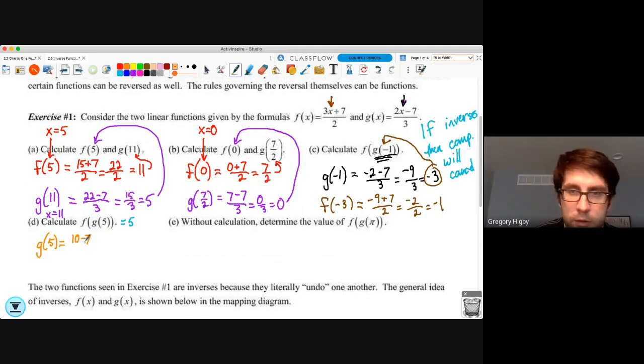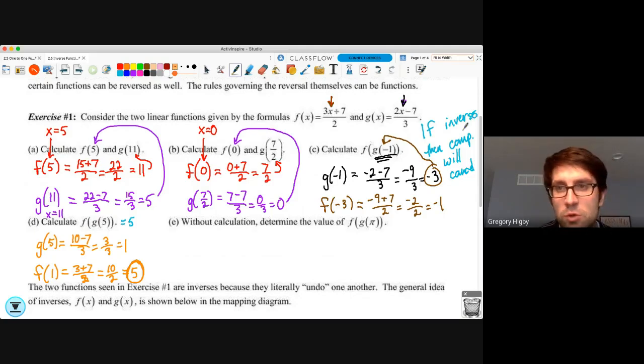And then -7 is 3. 3 divided by 3 is 1. And then what I have to do next is f of 1. So 3 times 1 is 3 plus 7. I wrote down the wrong number. 10 divided by 2 is 5. We got exactly what we predicted.